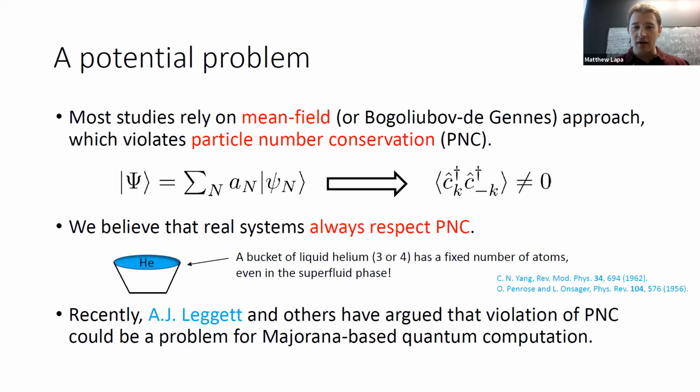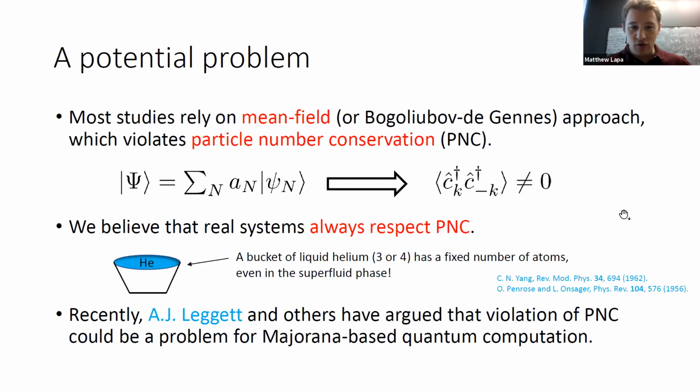One issue is that most studies of topological superconductivity rely on a mean field approach to describe superconductivity, and this violates particle number conservation. So in mean field theory, you work with Hamiltonians that only have a Z2 symmetry of fermion parity, and their eigenstates are superpositions of states with different particle number.